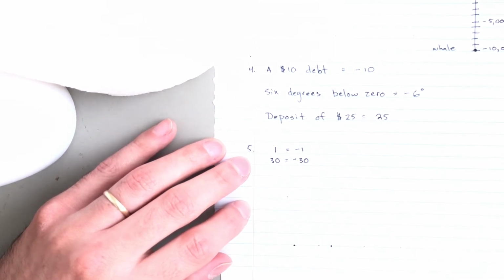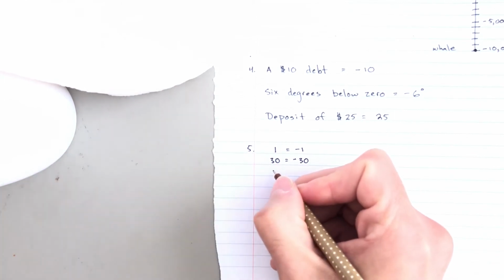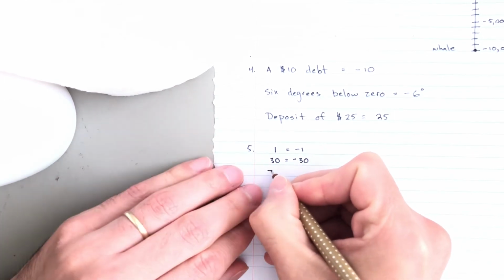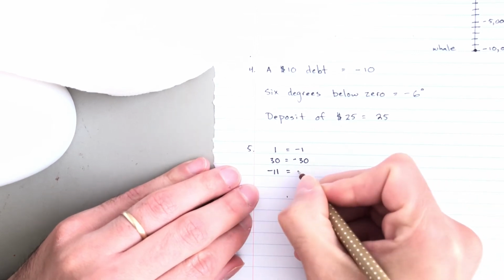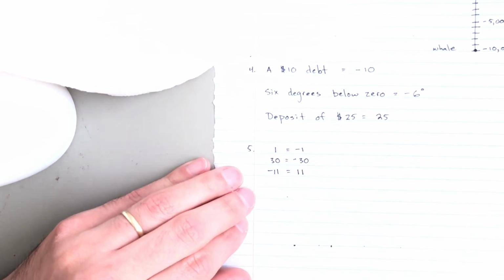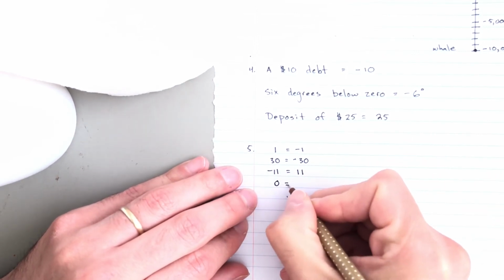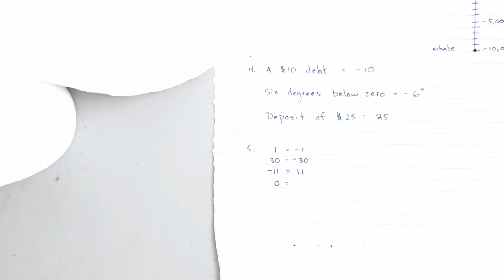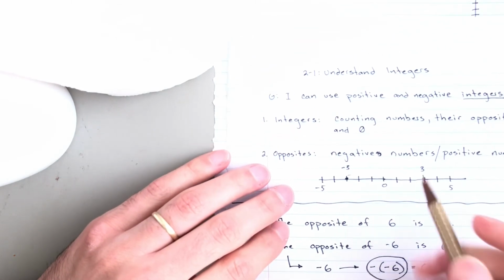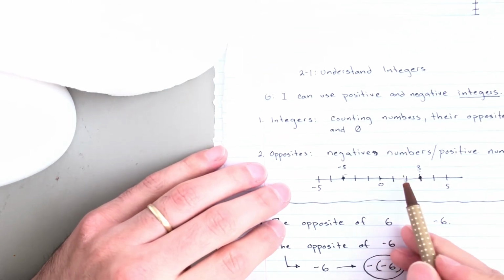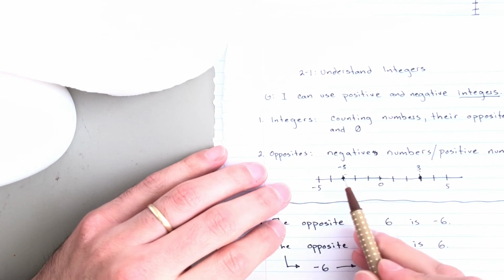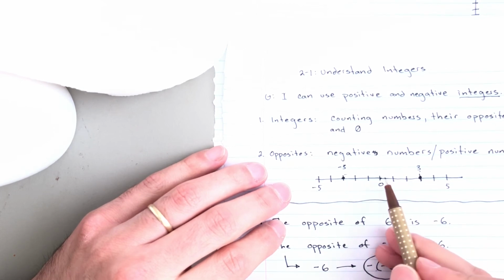The opposite of negative 11 is just positive 11. What about 0? What's the opposite of 0? Well, on my number line here, the opposite of 3 is 3 spaces from 0 on either side. So I've got positive 3 and negative 3.